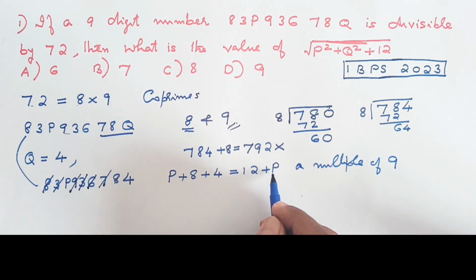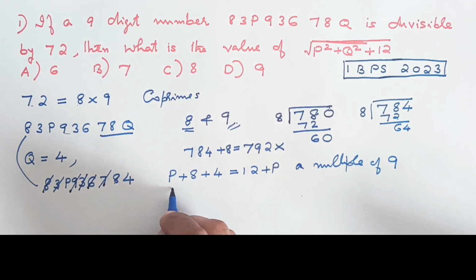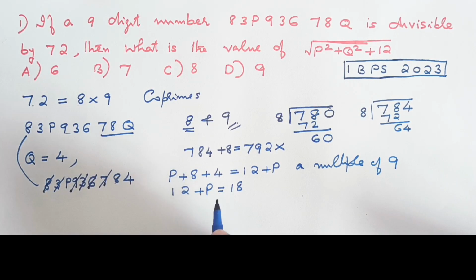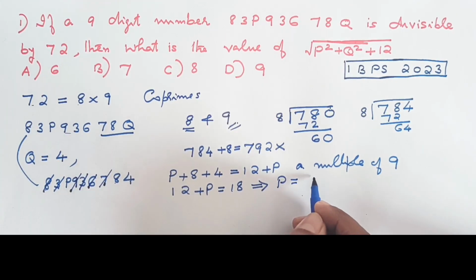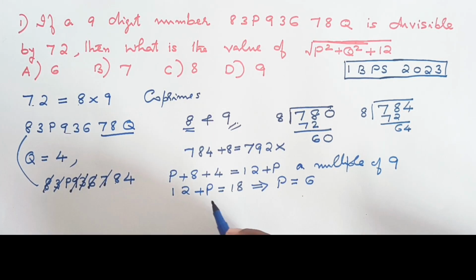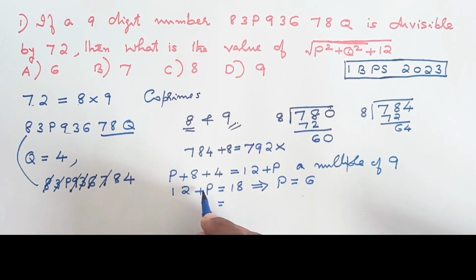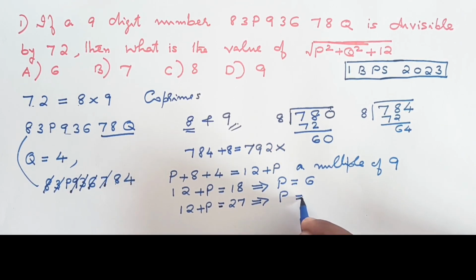And what is the value of P so that 12 plus P is a multiple of 9? See, if 12 plus P equals 18. 18 is the number just above 12, which is a multiple of 9. So P has to be 6. So we got one value of P. Theoretically speaking, you can find out other values of P. If 12 plus P is equal to say 27, 27 also is a multiple of 9, but this shows P will be 15.